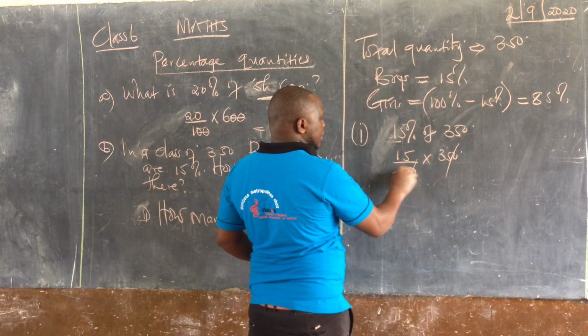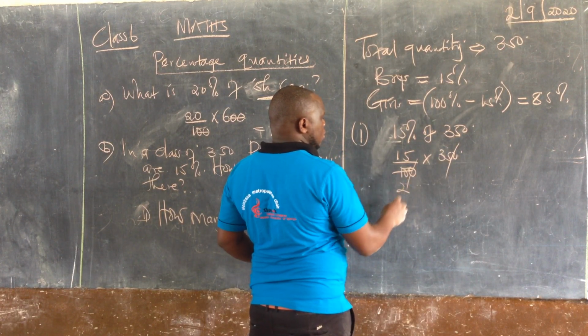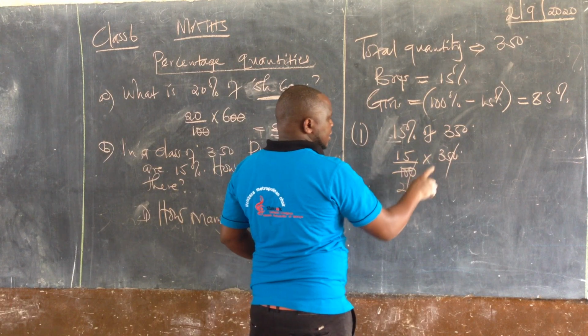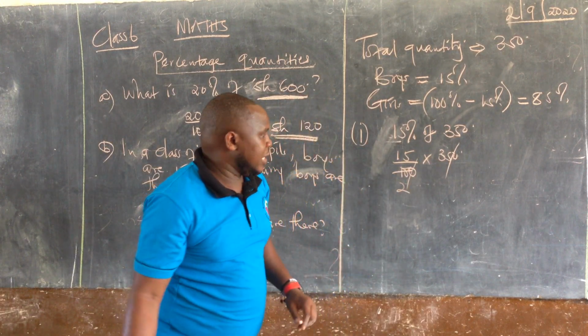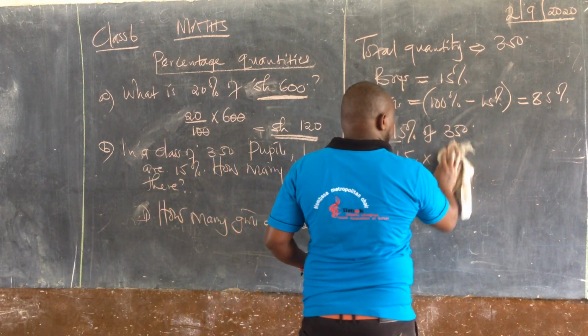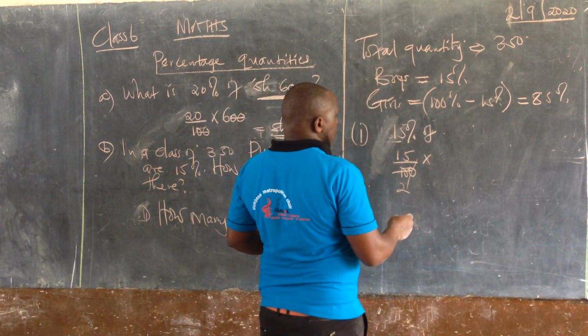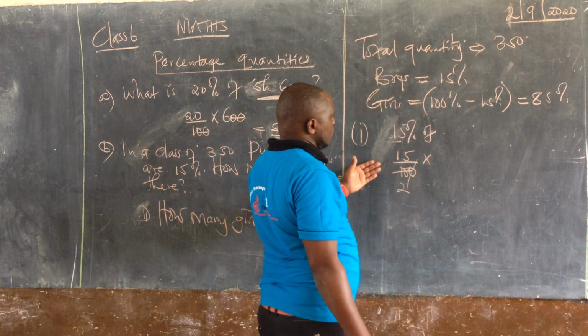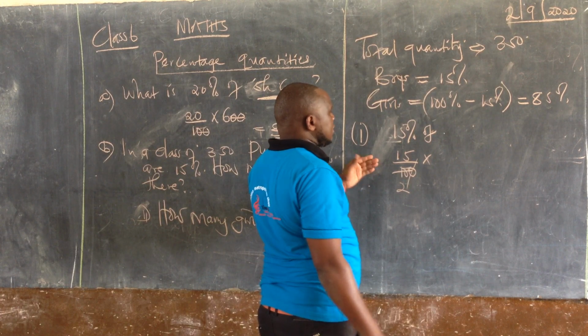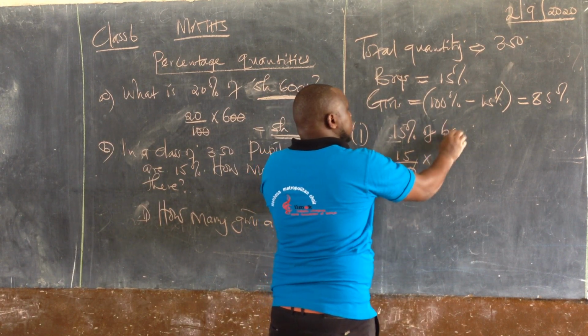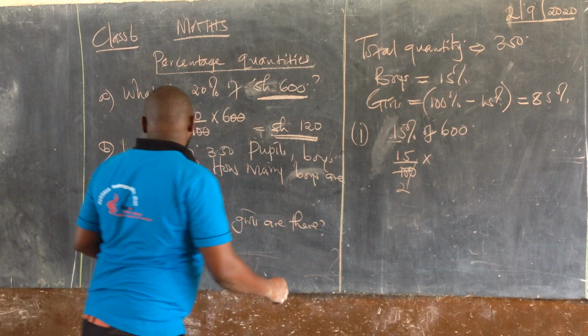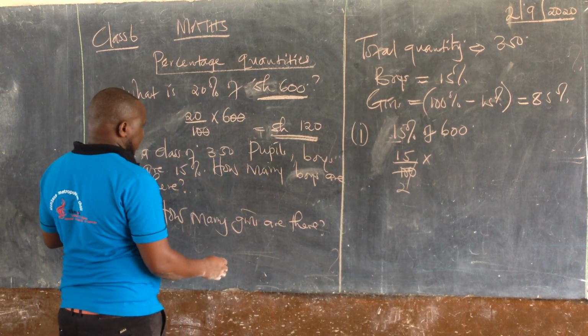Let's change this to be an even number so that we don't have a hard time, something like that. Let's talk about 600 so that we have a number that we can work with.